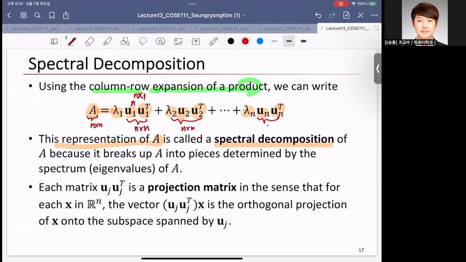It means that you can factorize, or represent, the original n by n matrix A as a sum of n kinds of n by n matrices. This is called spectral decomposition or eigenvalue decomposition. This is one of the most important factorizations in this semester.